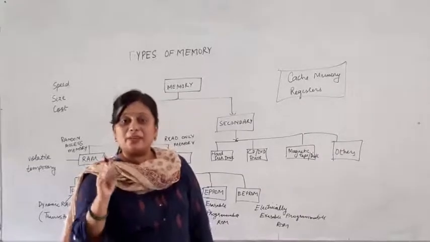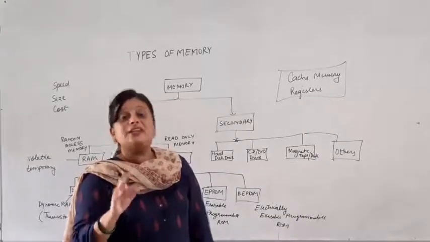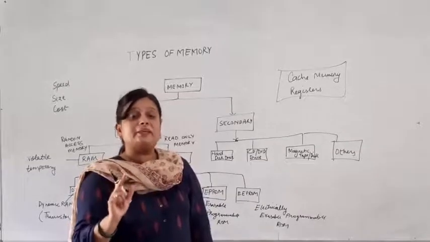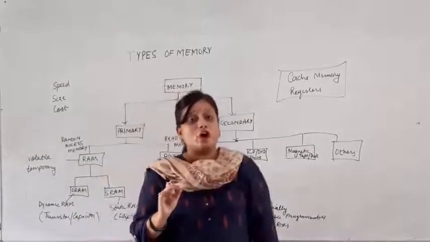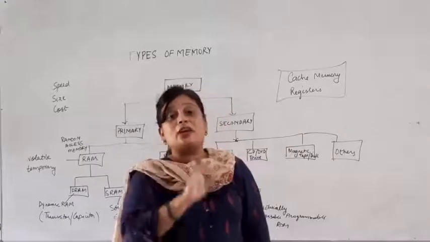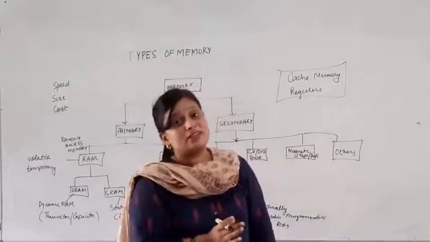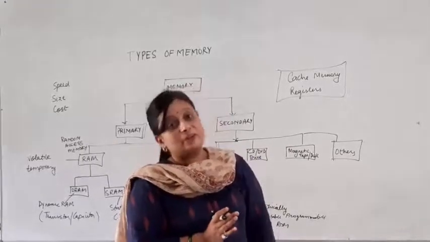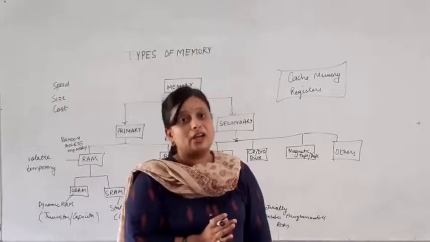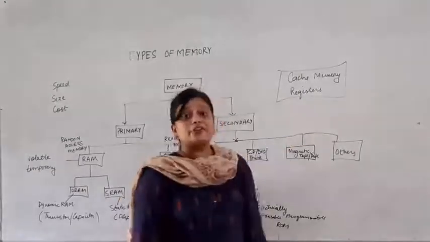Your cache memory is smaller in size, yet a very speedy memory that allows the storage of data, but the problem is you can't always store the whole data over this cache memory based upon its size and cost limitation.